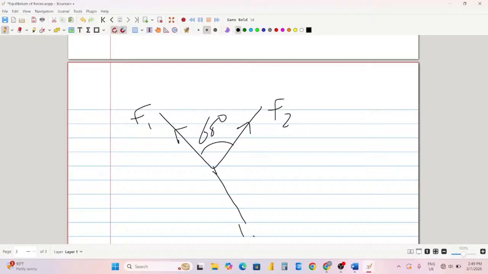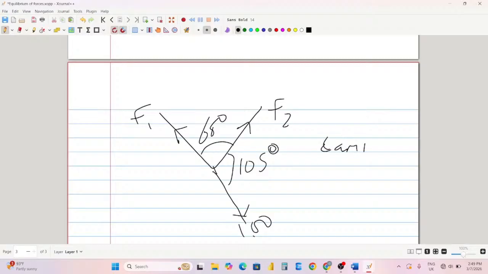We have something like this. So you say 60, F1 force 1, F2 force 2, obviously acting in opposite directions, and then the mass or the weight 100 acting at 105. So it's the same thing. Your Lami's theorem would work perfectly here also.